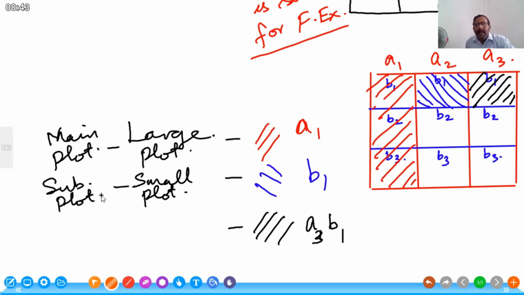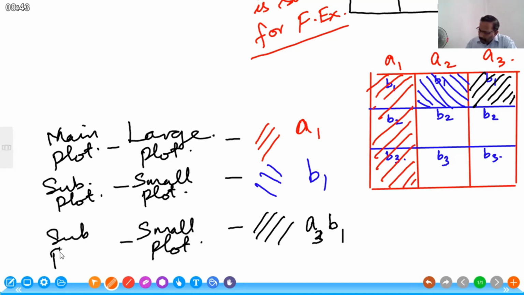What is the difference between B1 size plot and the combination of A and B? Are they the same or different? Same, isn't it? B1 and the combination of A and B are same, so small plot. So how many plot sizes are there here? Two plot sizes.